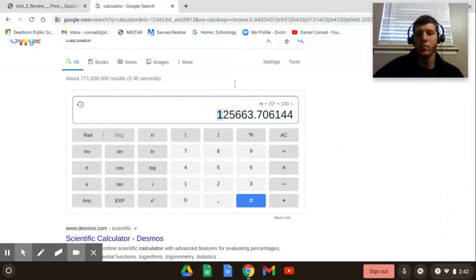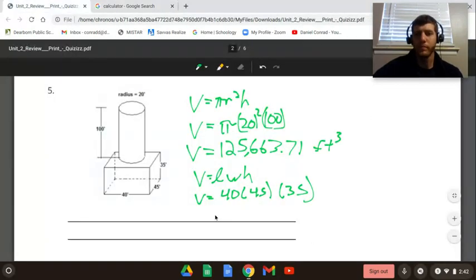Okay, so if we do 45 times 40 times 35, that's 63,000 feet cubed. So then we add these together, right? Add.